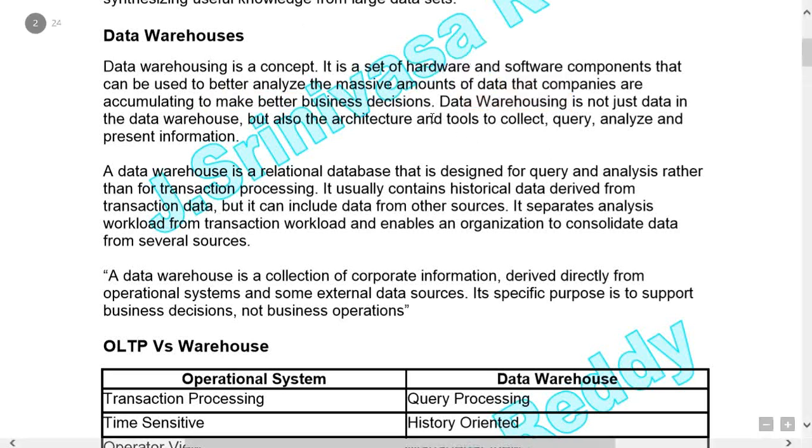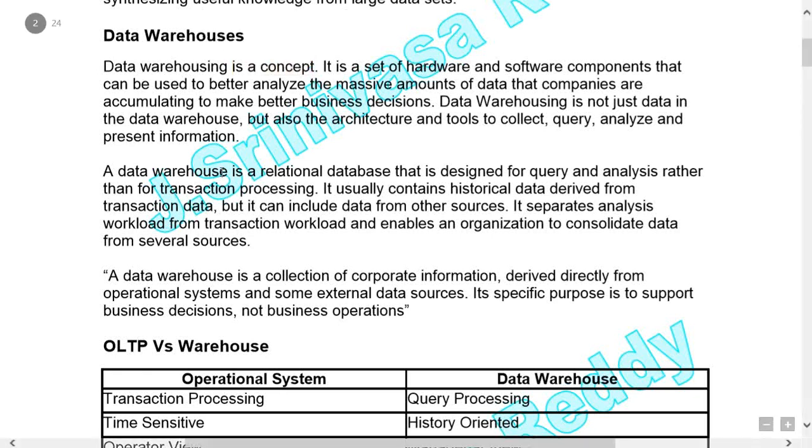It is a complete architecture. It includes hardware, software and operating system, and also tools and its architecture. These are useful for collecting the data, processing the data, maintaining the analytical data, querying and analyzing the data, and presenting the data in the form of reports to the end user. The complete mechanism, complete architecture, the complete technology, its concept is what is known as data warehousing.